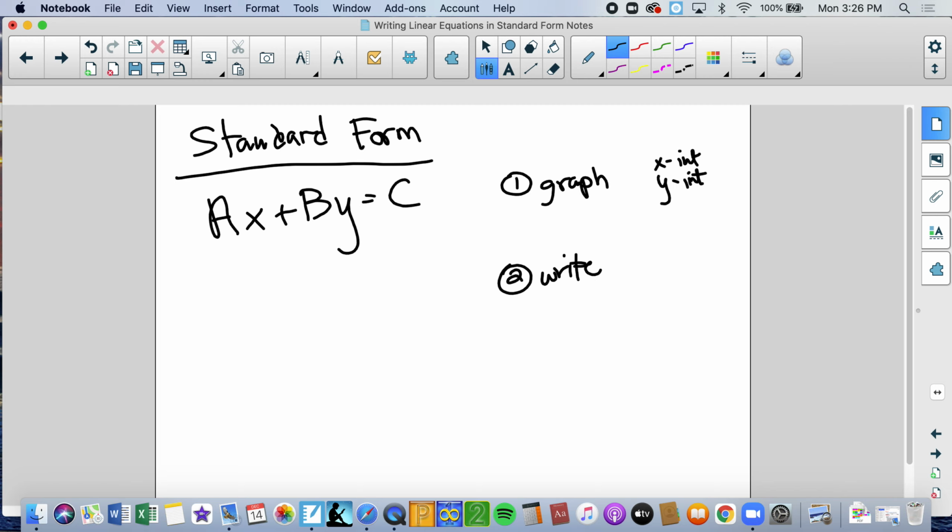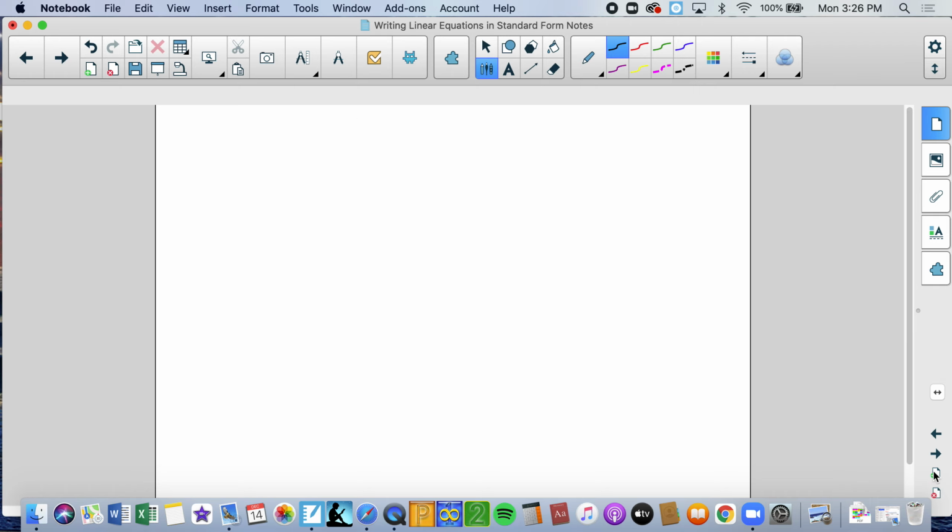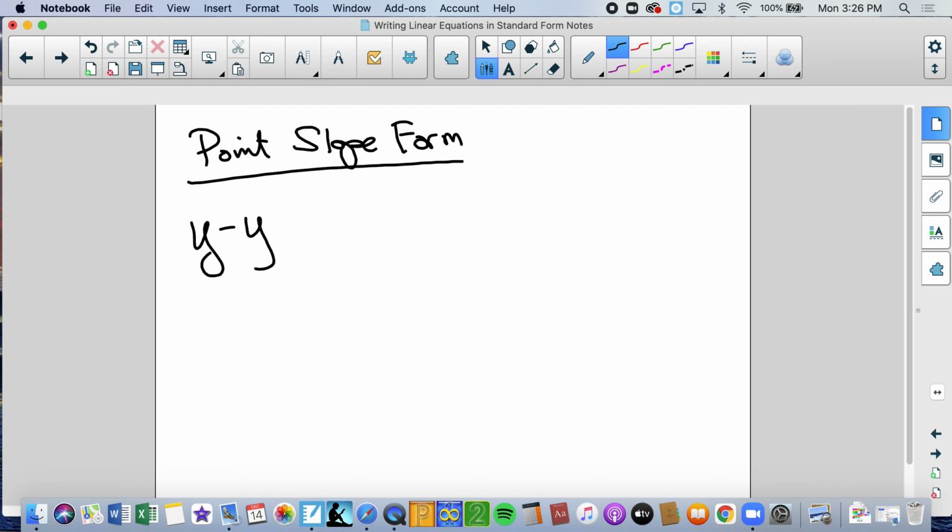And then the other form that we had learned was point-slope form. Point-slope form was y minus y sub 1 equals m times the quantity x minus x sub 1. And we learned how to graph that.